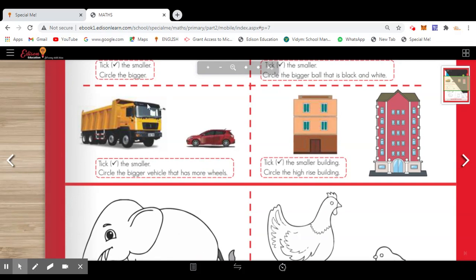Yes, this is bigger one and car is smaller one. And from these two buildings, which building is smaller? This building is smaller and this building is tall. This building is big and this building is small.